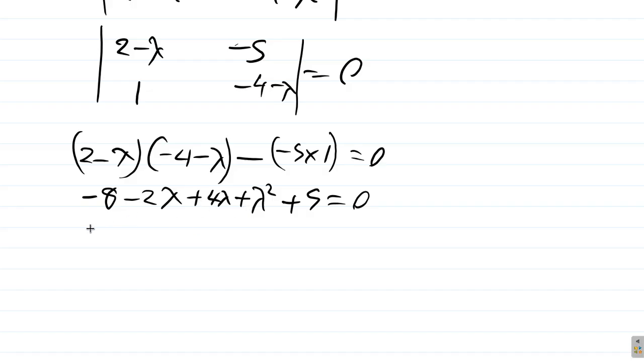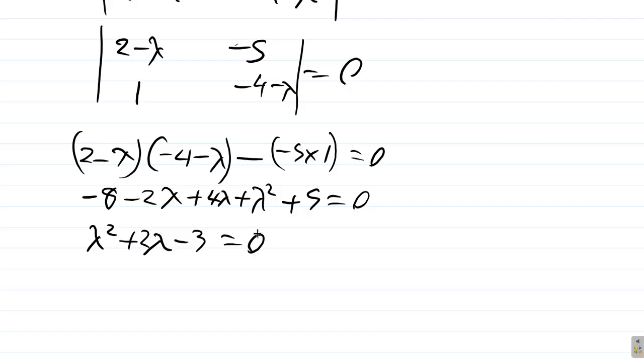Alright, let's put these together. Lambda squared. Negative 2 plus 4 is what? 2. Plus 2 lambda. Negative 8 plus 5 is minus 3 equals 0. Alright. So we want to find lambda. What you need to do is to ask, could it be factorized?